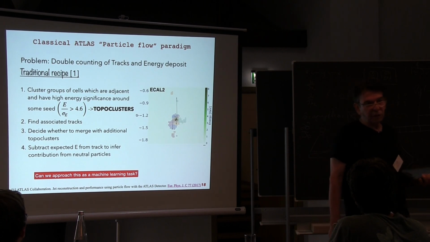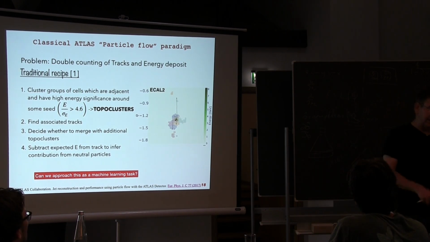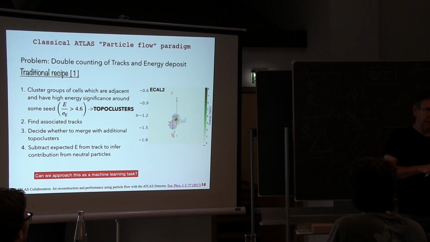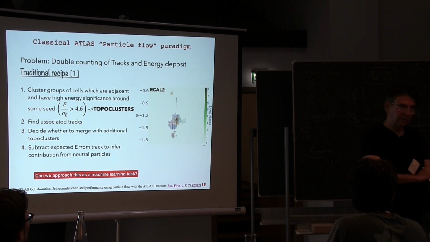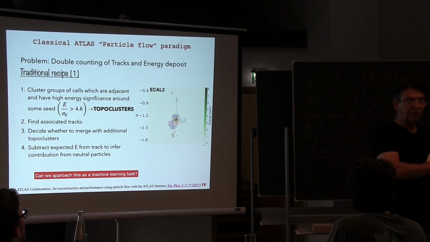It's something that works well. Only Atlas are doing it. I think CMS are working directly with the cells. I don't know, anybody from CMS here? Yeah, I think you work directly with the cells. You don't bother to do the topoclusters. Yeah, usually we reconstruct the particles and then we cluster. Yeah, you first do the reconstruction, then cluster.